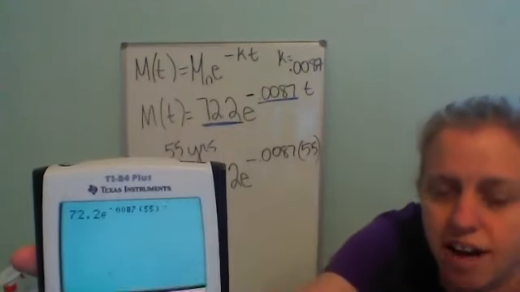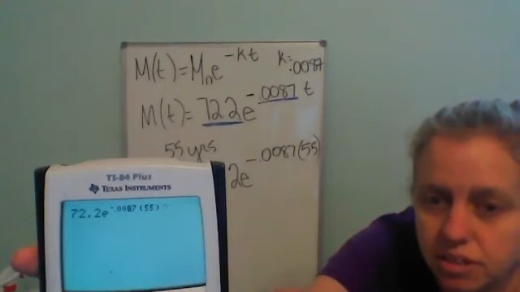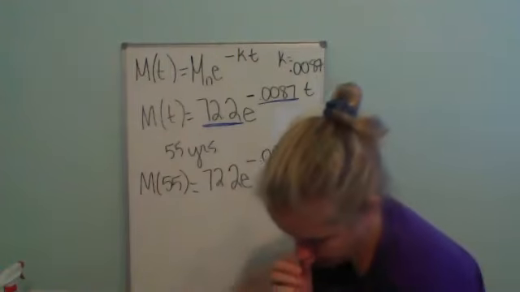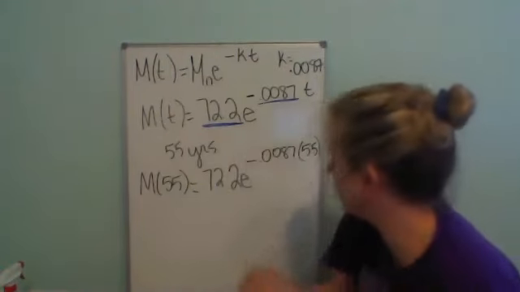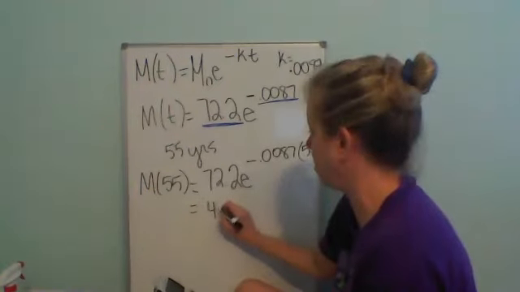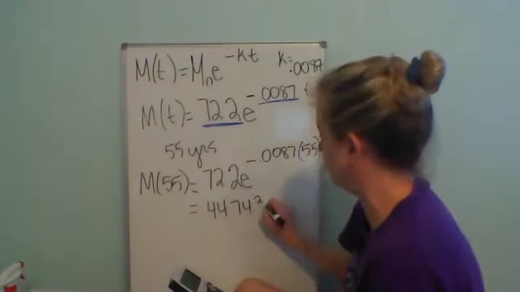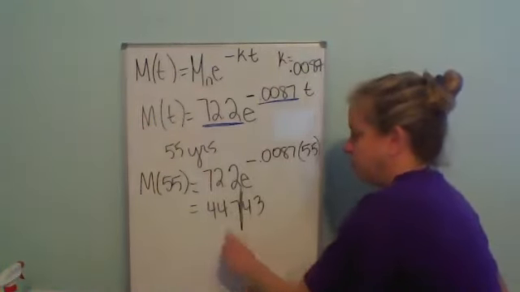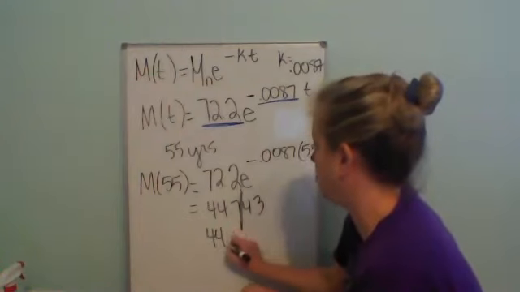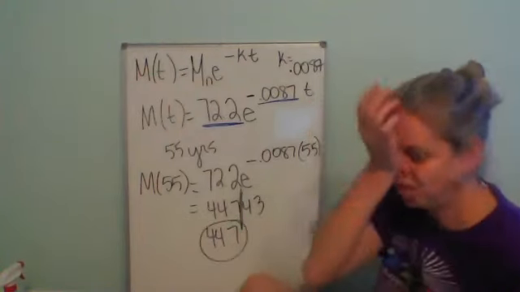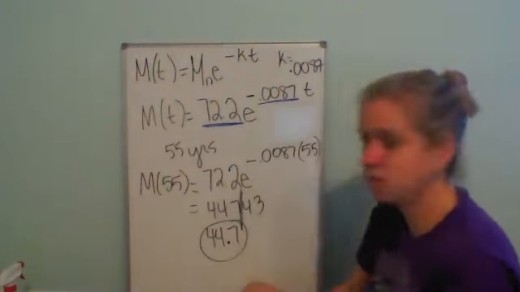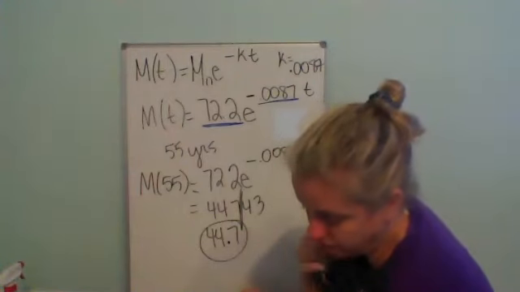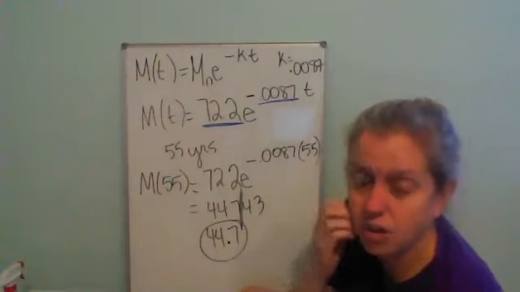That's what you should have in your calculator. Hit enter. How does it want me to round it? Round to 1 decimal place as needed, and it tells me 44.743. If I'm doing 1 decimal place, I want to stop at the 7, which means the 4 doesn't round up the 7. So it'll be 44.7. Can y'all see my decimal? 44.7 million, which sounds about right, correct? Because if it was 45.9, it should have gone down a little bit from there.